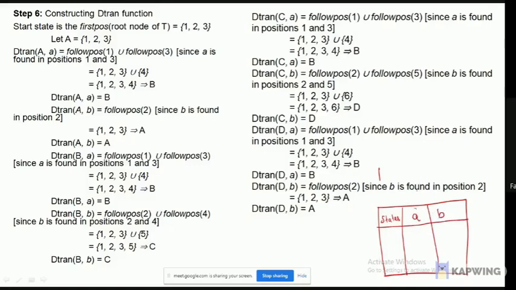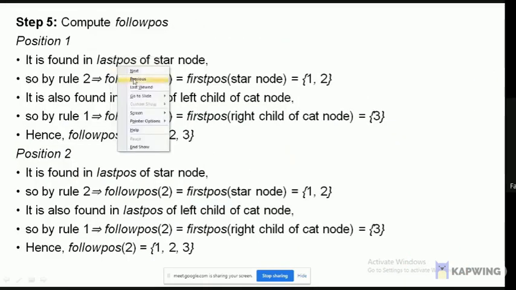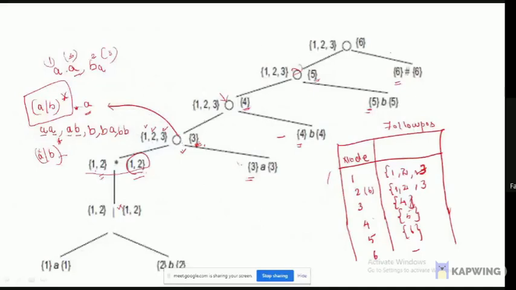All the symbols except epsilon should be present in this column as we are generating a DFA. So how will you give names for the states? Let's take the first one, the starting state. We have to see what is the root node of the tree. That first position symbols will be considered for state A. Okay. So let me show you. In this root node, what is the first position?